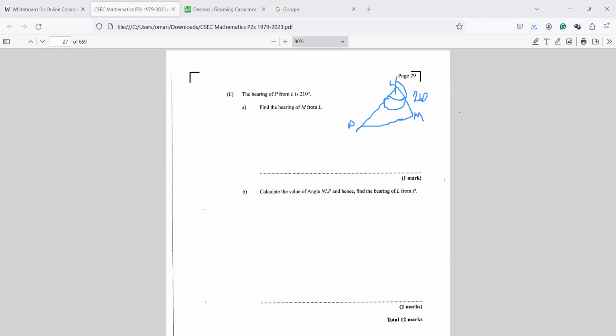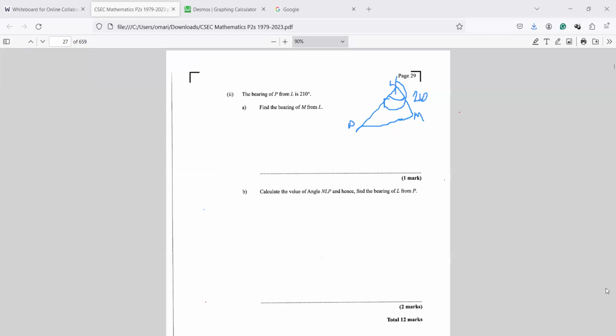The next part says calculate the value of angle NLP and hence finding the bearing of L from P. So it might be a little tricky when they say NLP, because you may be saying, where is the N? Because we're working with the 3 points that we were given initially.